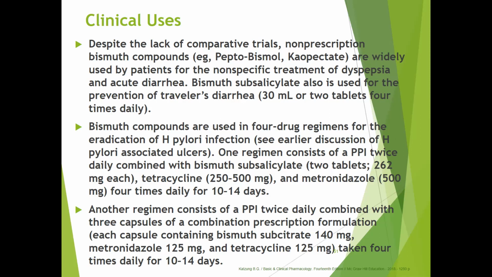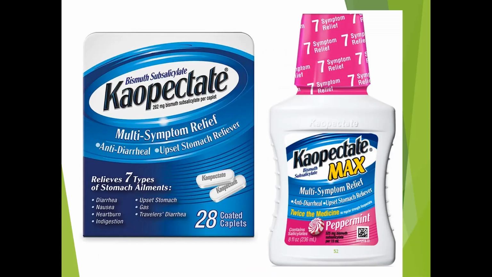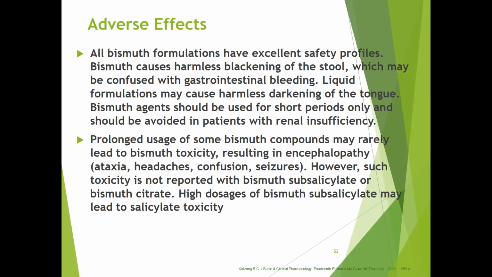One regimen consists of a PPI twice daily, combined with bismuth subsalicylate, tetracycline, and metronidazole four times daily for 10 or 14 days. Another regimen consists of a PPI combined with bismuth subcitrate, metronidazole, and tetracycline, taken four times daily for 10 to 14 days.